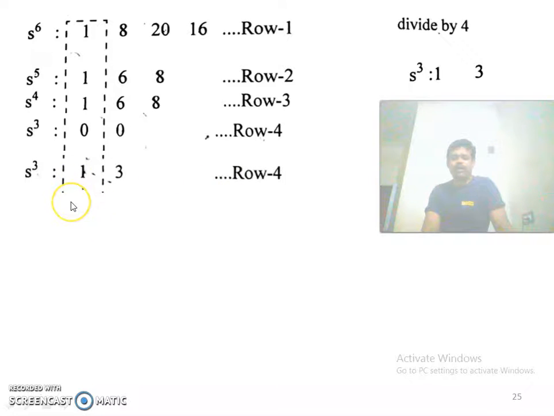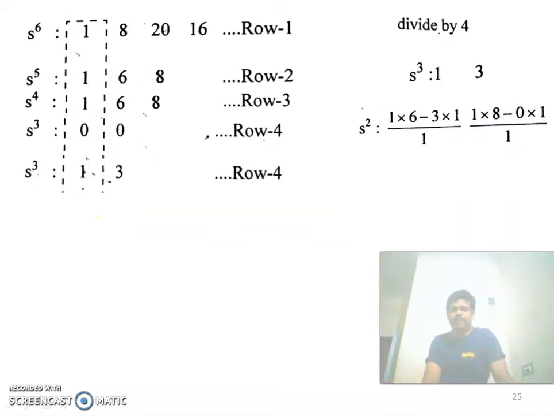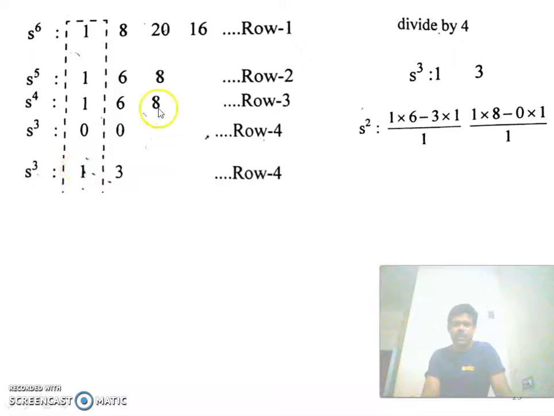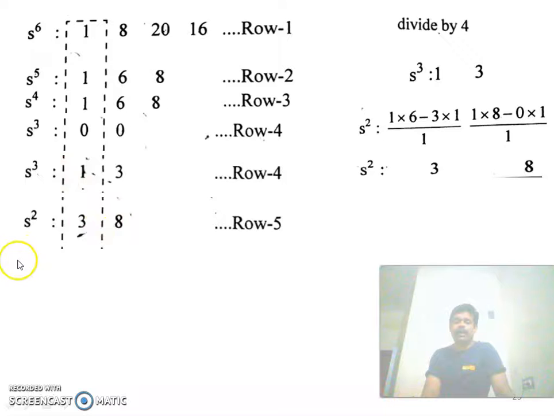Now we are going to calculate S square. S square is nothing but 1 into 6 minus 3 into 1 divided by 1, the first element. Second element is 1 into 8 minus 0 into 1 divided by 1. So you will be getting S square as 3 and 8. Then we are going to calculate S: 3 into 3 minus 8 into 1 divided by 3.